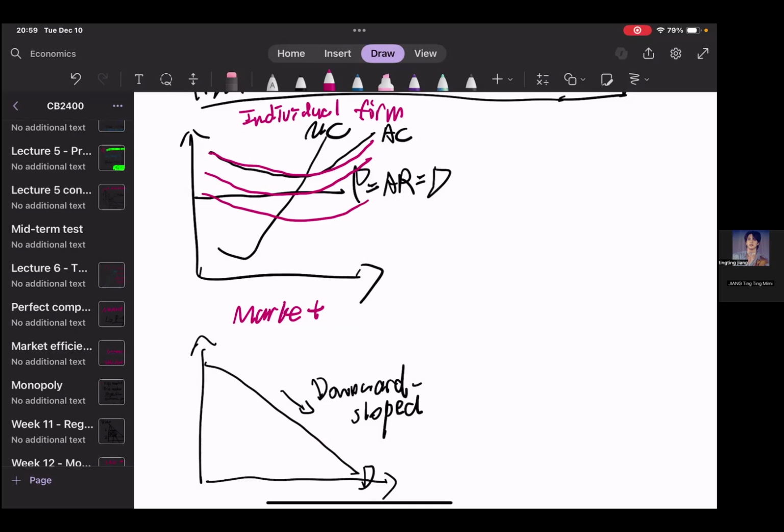So then, we actually want price to be at the minimum point of the AC curve, because in that way it will be considered market efficient.